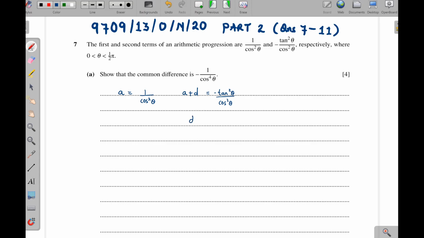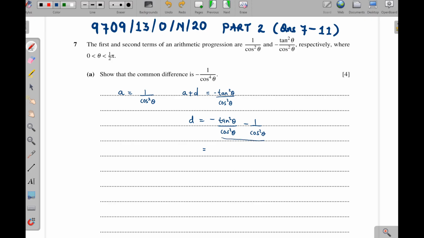So meaning D is equal to negative tan squared theta out of cos squared theta. But then A is this one here, so minus 1 over cos squared theta. Now we are going to simplify this using identities in trigonometry.